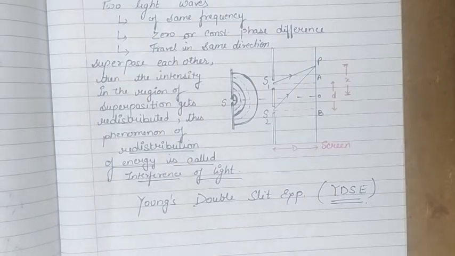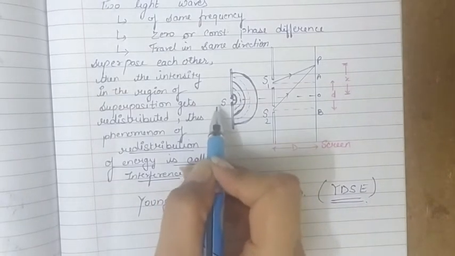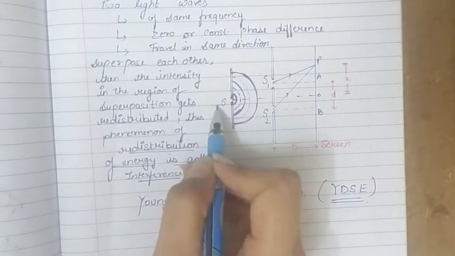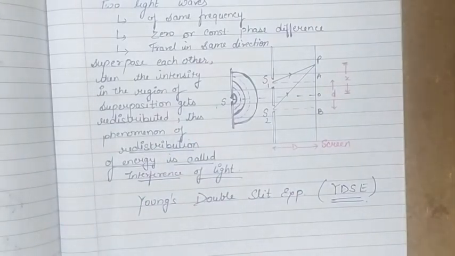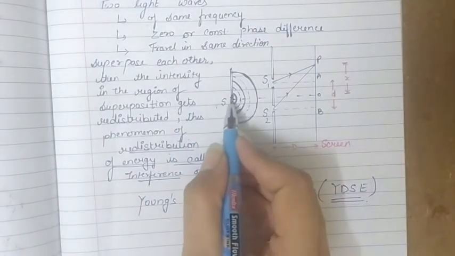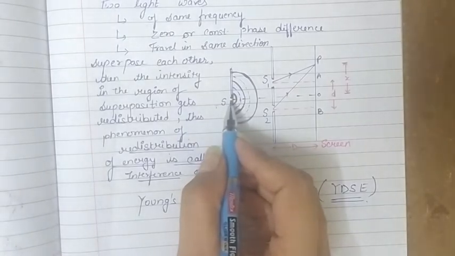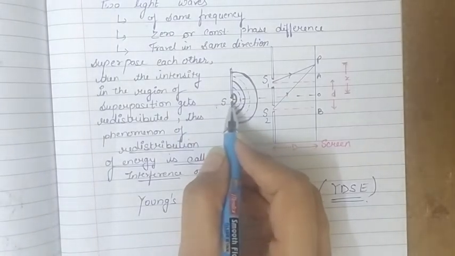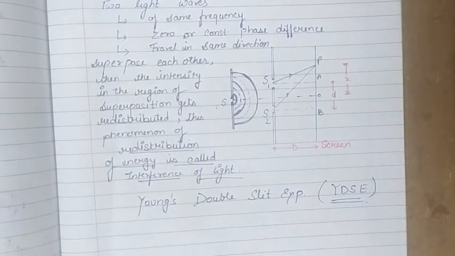In his experiment, Young took a source of monochromatic light, and that source illuminates a rectangular narrow slit S of about 1 mm width, for example with a sodium vapor lamp or some source like that.